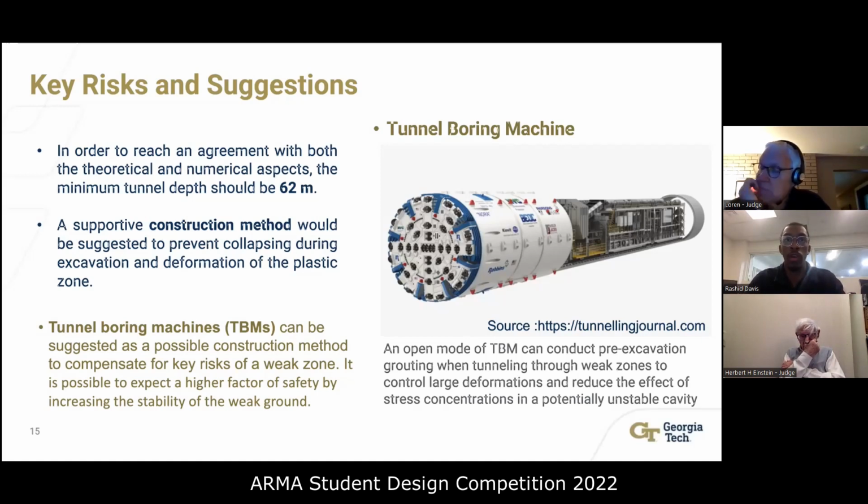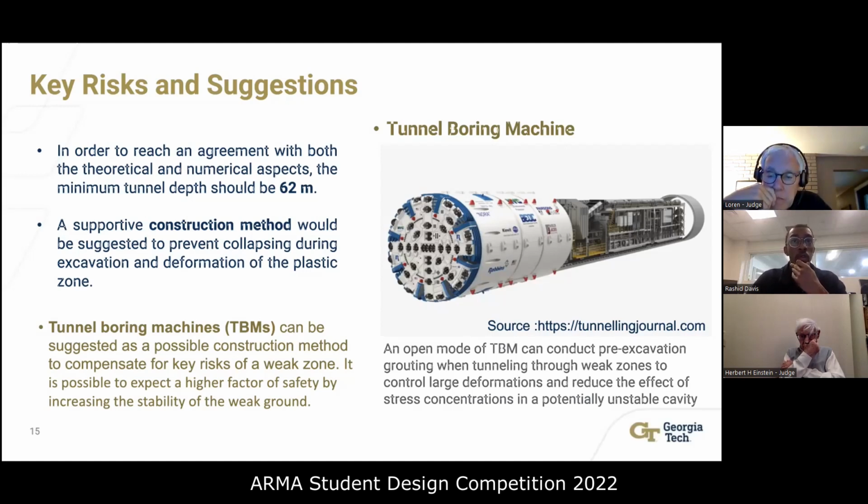Also, grouting weak zones will help provide a more stable excavation process, and it will minimize the risk of possible over excavation that may occur. So using the tunnel boring method, it is possible to expect a higher factor of safety, and this will increase the stability in the weak ground.